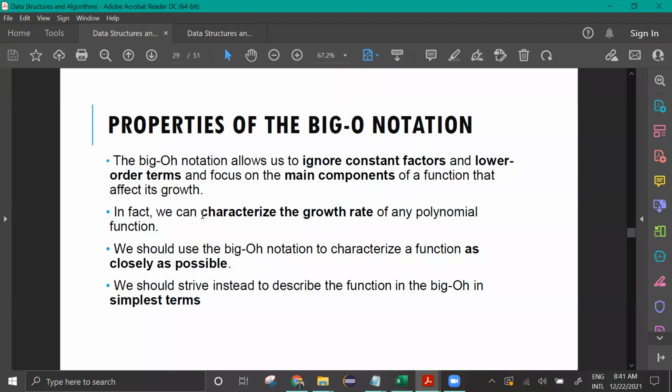So, properties of big O notation, we discussed that. It characterizes the growth rate. So the function is characterized, right?